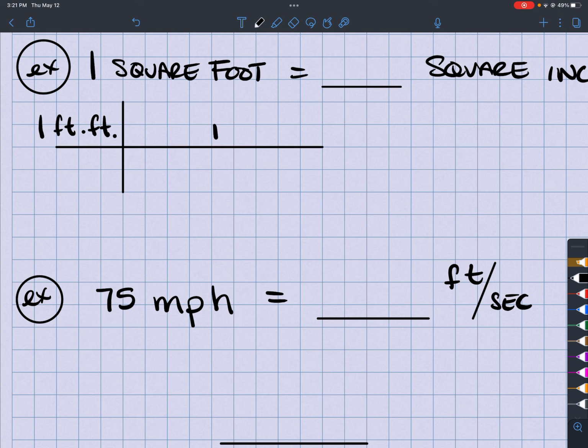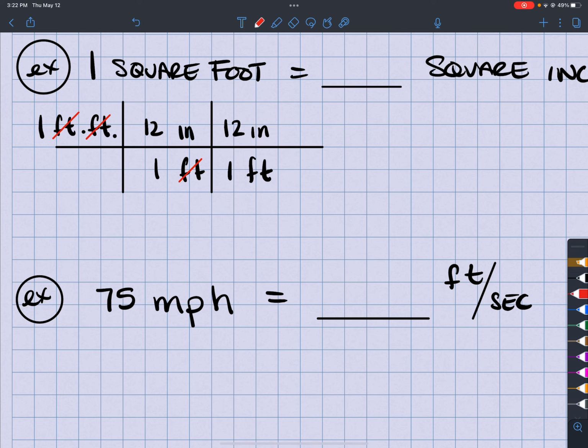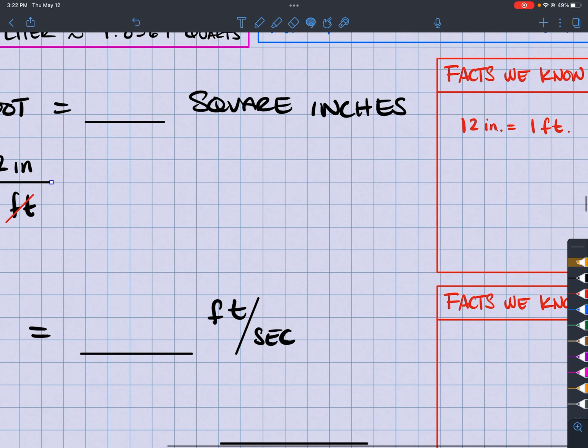Each inch, I know, can be a foot, since 12 inches is equal to 1 foot. But that will only take care of one of the feet. So I have to make another inch here with another foot here, so that this foot can cancel out with this foot. This way, all I have is inch times inch, which gives me inches squared, which is exactly what I want, square inches.